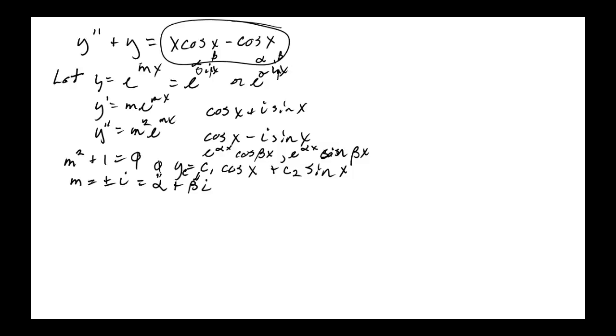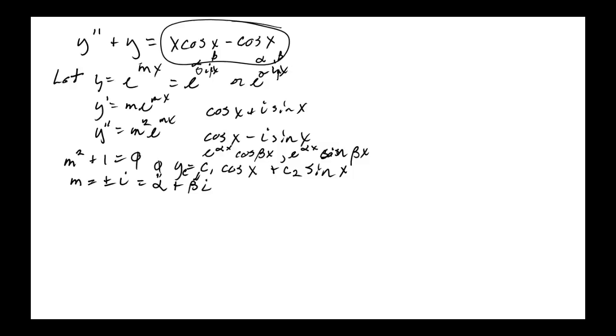For the first one, which is x cosine x, notice we don't have any e's in this one. You don't have any alphas here. You look at the x cosine x. There's no e to the alpha x here, so that means alpha has to be 0. There is one x e to the alpha x, with alpha being 0, and cosine beta x, but beta then would be 1.